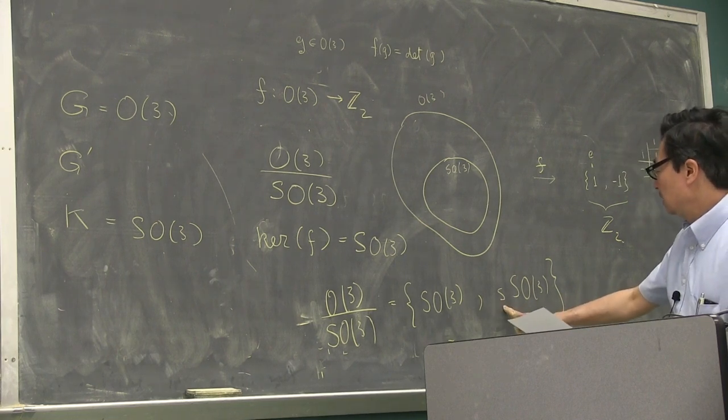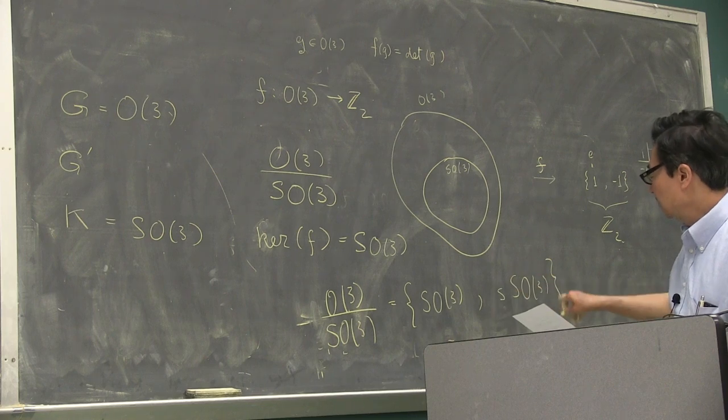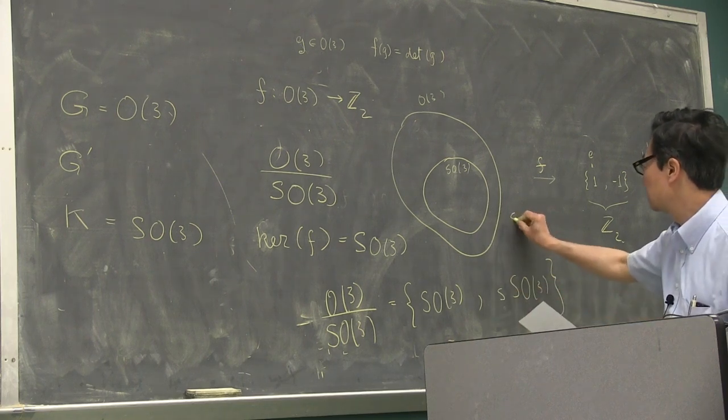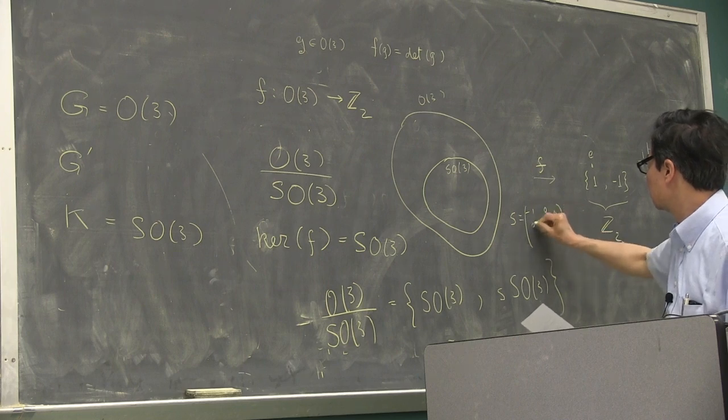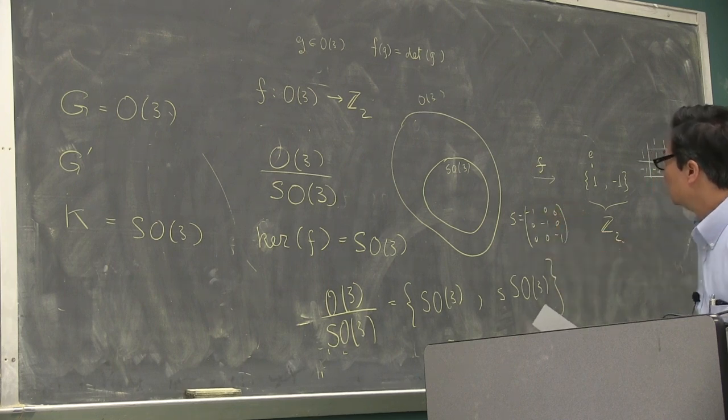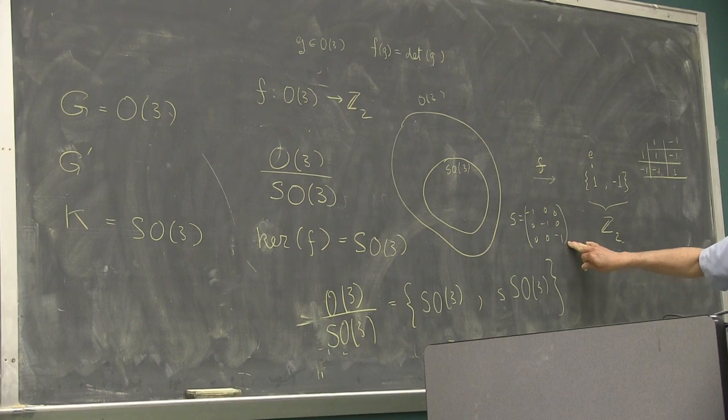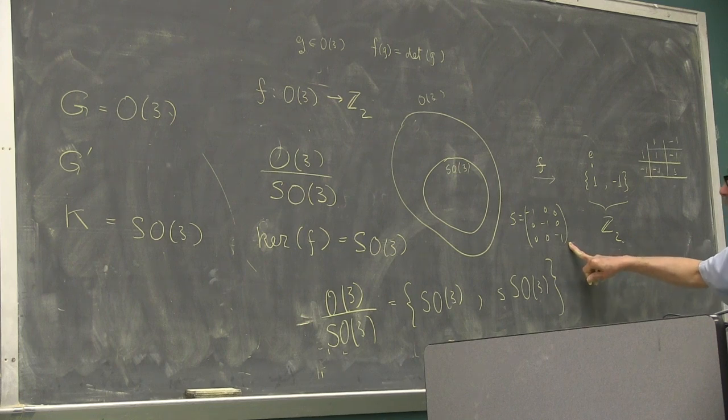This means a fixed group element in O3 multiplied by everything in SO3. This S is defined to be the inversion. In 3 dimensions, it is precisely this. This is in O3, because this is obviously orthogonal: the inverse is equal to the transpose. The determinant is minus 1, so this is not in SO3.